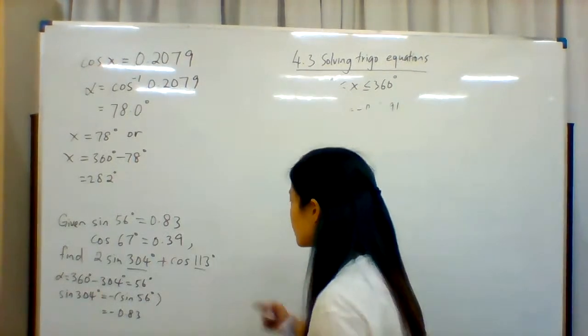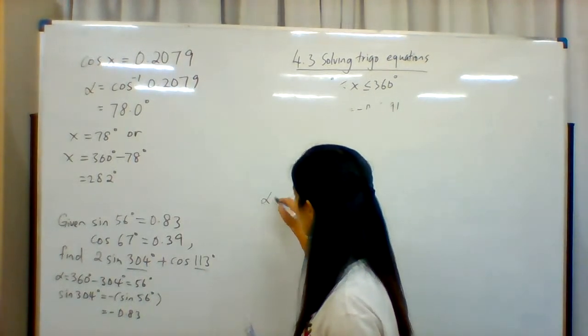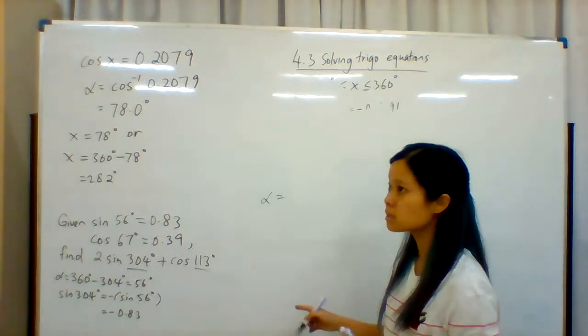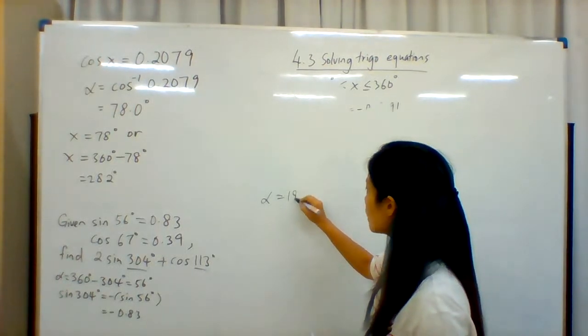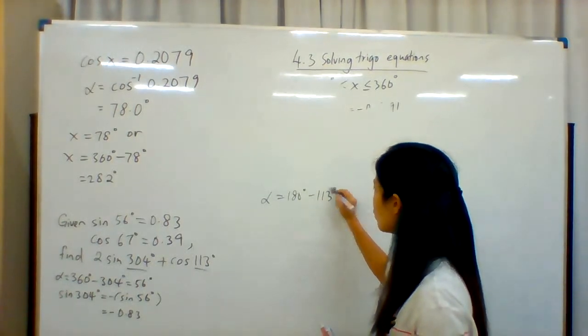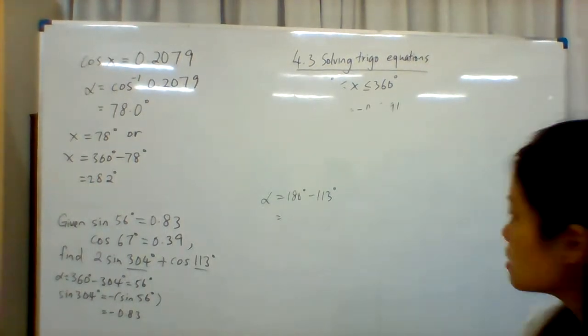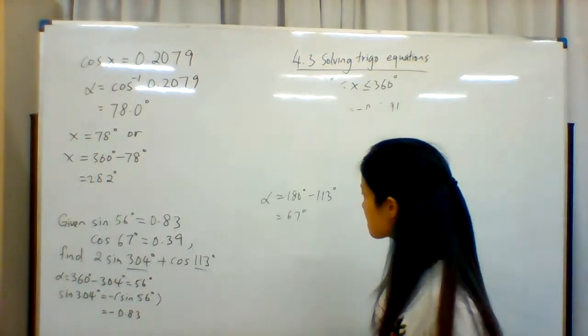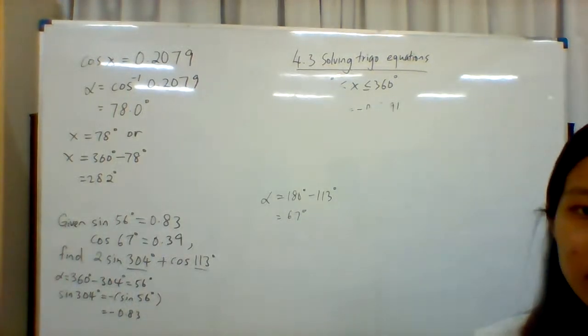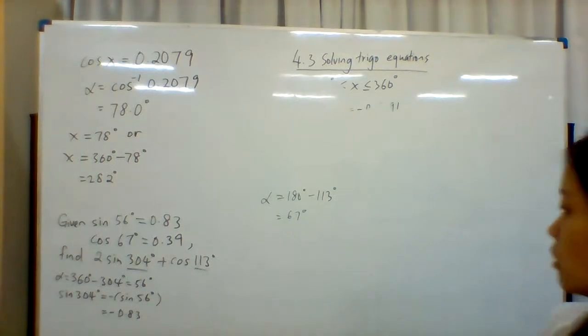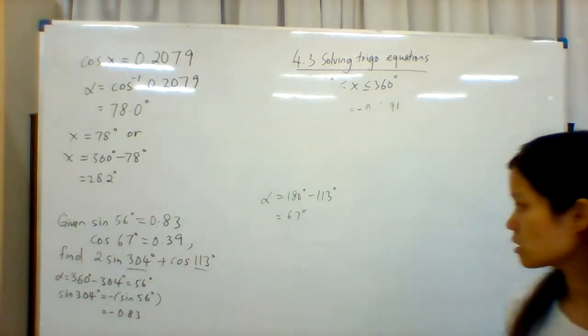Okay, so find your basic angle for this one. Your 113, right? What's your basic angle? This is an obtuse angle, right? So 180 minus your 113, you will get your basic angle here, which is 67. Okay or not? Then again, look at what is given here. It says cos, right?